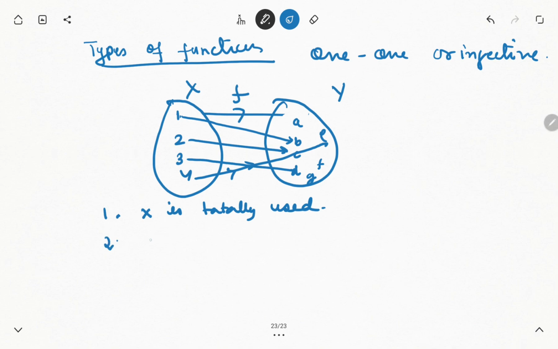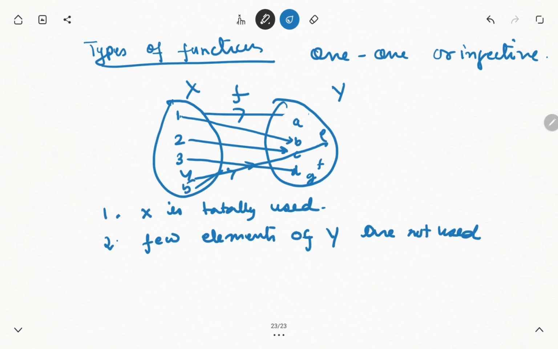Second, a few elements of Y are not used. Okay, not used, no problem. Suppose we have an element 5 and 5 also has the image B. This is also possible, that 1 and 5 have the same image.